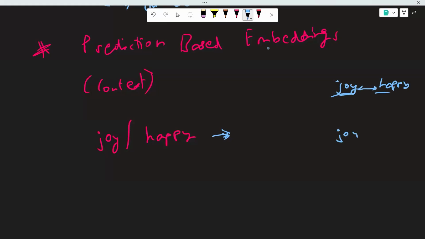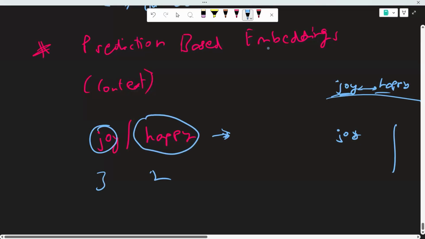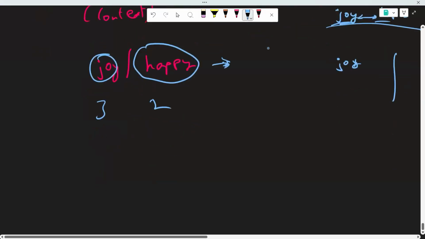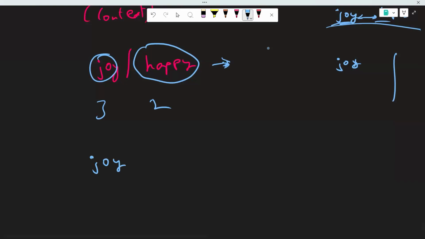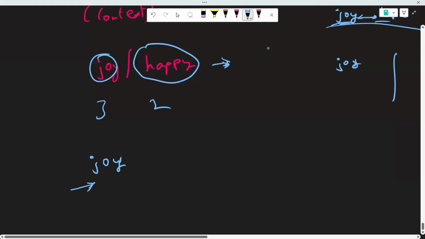Either I can keep joy or I can keep happy, and I can remove the next column. But in count, we can't detect that. In count, both of them will have different columns and different counts, how many times they occur in the document. But in prediction based, we can understand that joy and happy are together, and we can just use joy, let's say, as one unit, and based on that, we encode it.